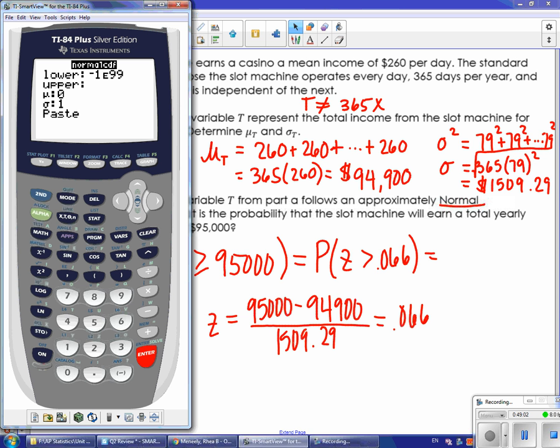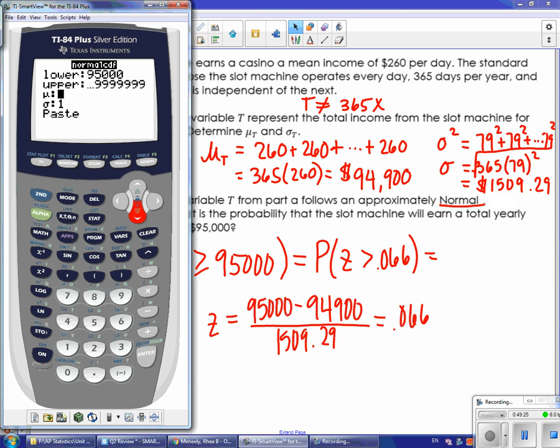So the lower bound in this case, since I'm dealing with a greater than, I'm going to go ahead and enter the values for t. So 95,000. My upper bound would be a huge number, so I'm just going to type in 999999999. You could also do like 1 times e 99, and that would give you a large upper bound, because I can't type infinity into the calculator.